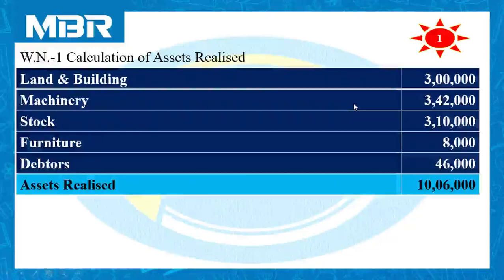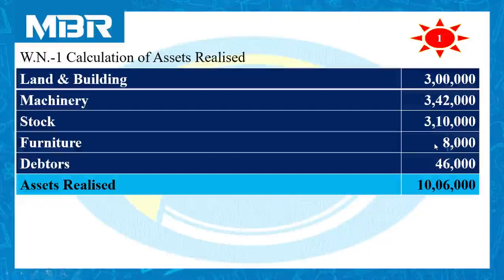Land and building: the amount realized by the liquidator from the land and building is rupees 3 lakhs. By selling machinery, the liquidator has realized rupees 3 lakhs 42,000. By selling the stock, rupees 3 lakhs 10,000 was realized.